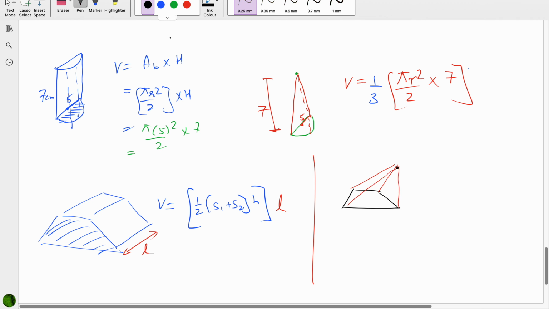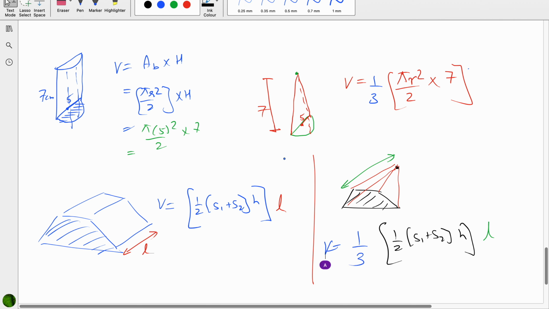The only difference is the area of cross section stays there, 1 by 2, side 1 plus side 2 times height. This is the area of cross section. Then we multiply it with the perpendicular length, but because it is converging at one point, this is the only addition. So every formula stays the same, but you add 1 by 3 to it.